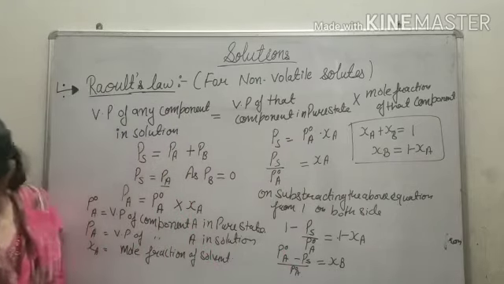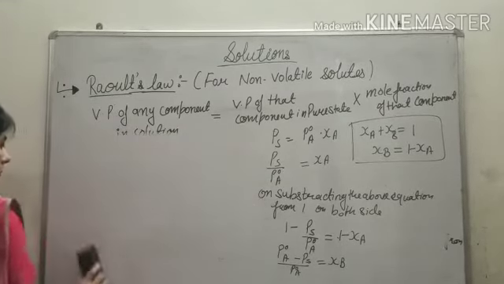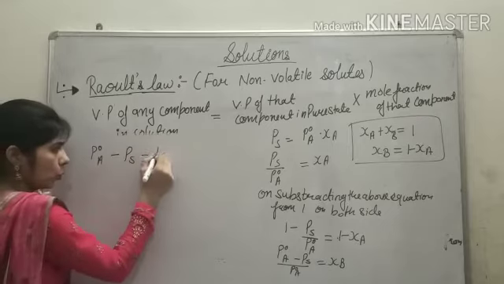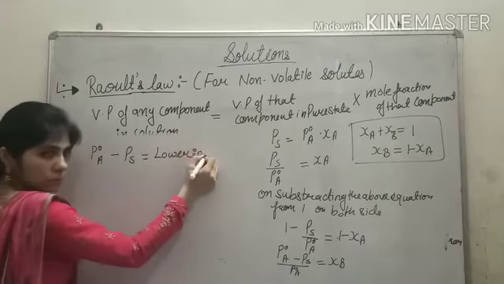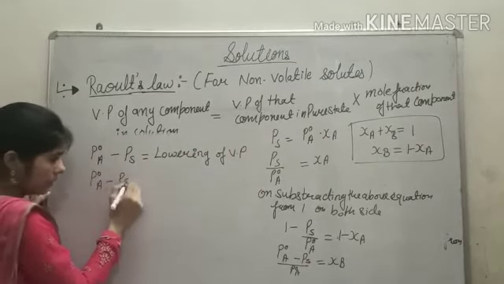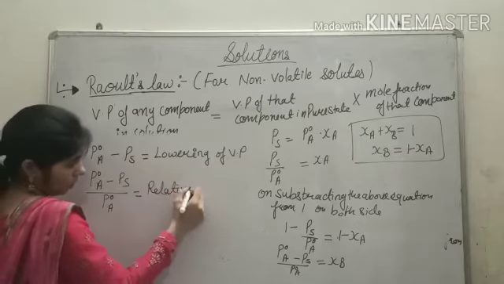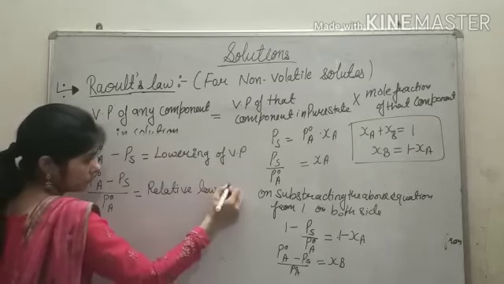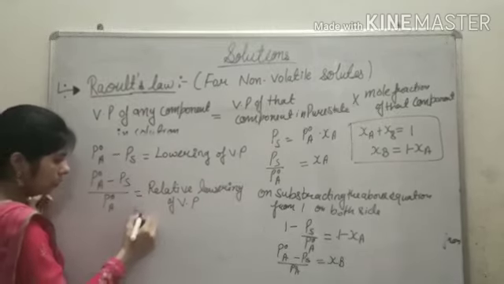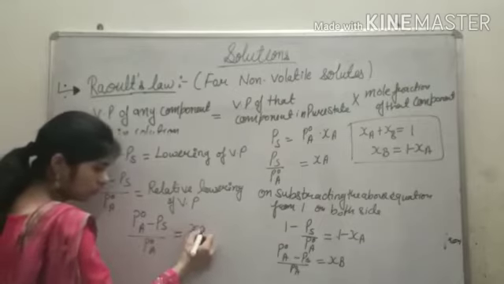Now students, P naught A minus PS is equal to the lowering of vapor pressure, and P naught A minus PS upon P naught A is equal to the relative lowering of vapor pressure.